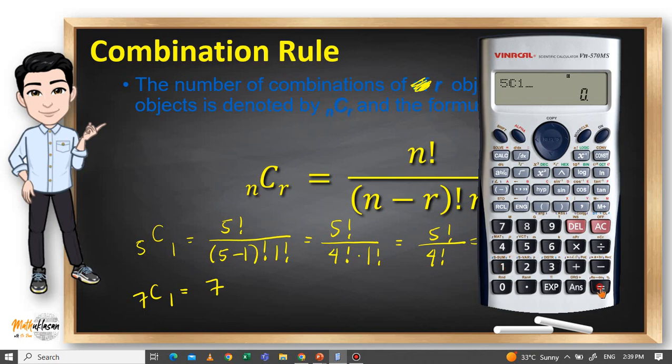So the answer is, as we all know, 5. If we are finding the number of combinations for 8 objects taken 5 at a time, that is 8C5, and 8C5 using your calculator is equal to 56.